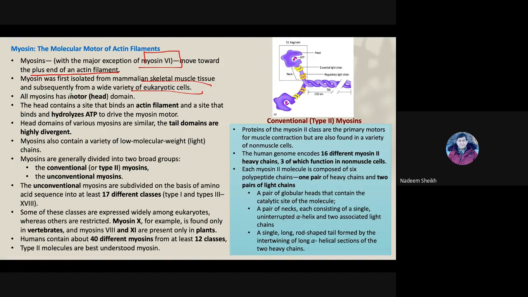If we look at myosin, it is a motor protein just like kinesin and dynein, having a head region, a stalk, and then a tail region.